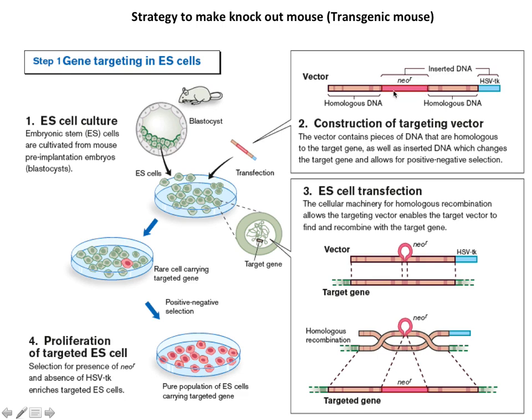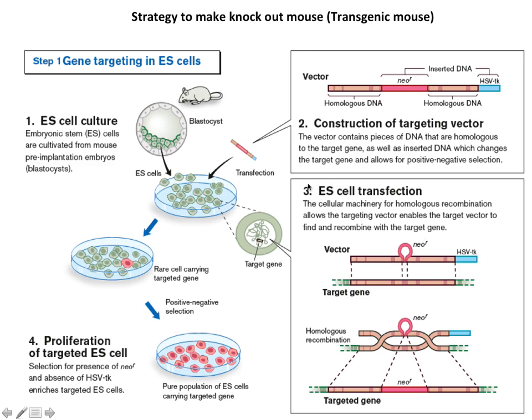Once this gene is introduced in the embryonic stem cells, these cells are able to grow in neomycin media. So you make this construct and transfect it into the embryonic stem cells. Once it enters, you select them by growing them in neomycin media. Only the transfected cells will be able to grow in the neomycin media.